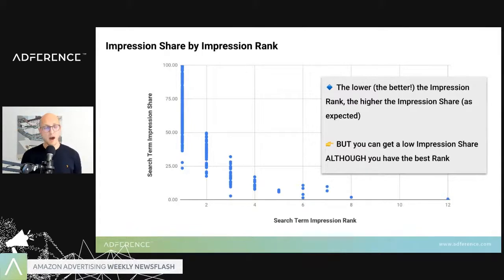If you have 100% impression share, your impression rank will be 1. But although you may have an impression share of 40%, you can rank 1 or 2. So actually it's an indicator for how well you rank, but it doesn't have to indicate that you get all the impressions. So I would say skip the impression rank and just focus on the impression share.